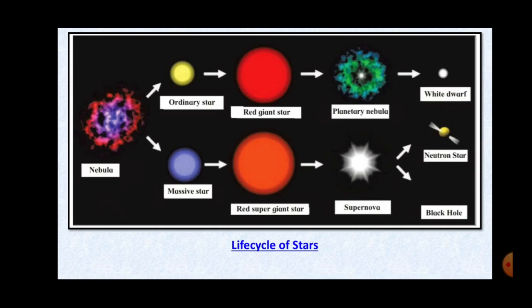In the first one, a huge explosion takes place in the ordinary star and it becomes red in size due to very low temperature, and the size increases up to 100 to 200 times of the ordinary star. And thus, in this stage, it is called a red giant star.